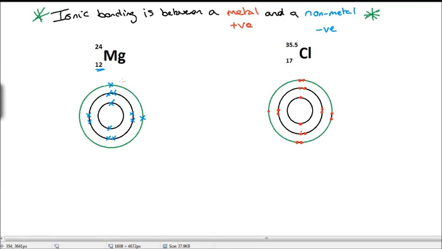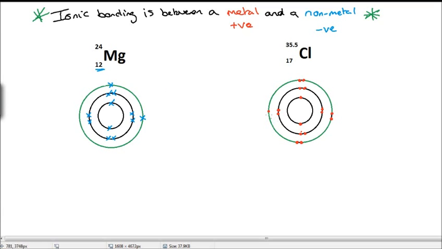So this one's got 2 electrons in its outer shell. Now, the magnesium ion that's going to form, magnesium, again, it wants to have a full outer shell. And so to do that, it's got to lose 2 electrons so that it can have 8 electrons in its outer shell here. So it wants to lose these 2 electrons.